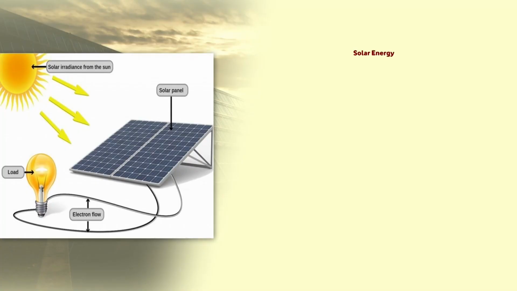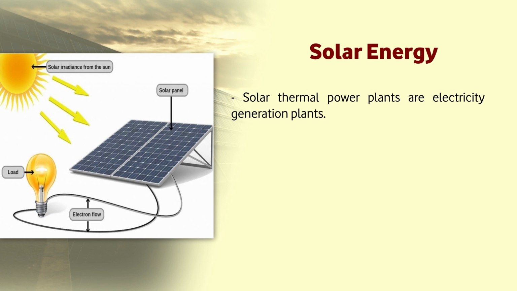Now let's discuss a few points about solar energy. Solar thermal power plants are electricity generation plants. A typical solar thermal plant captures the infrared radiation that falls on the earth and uses it to heat a thermodynamic fluid in order to drive a heat engine.